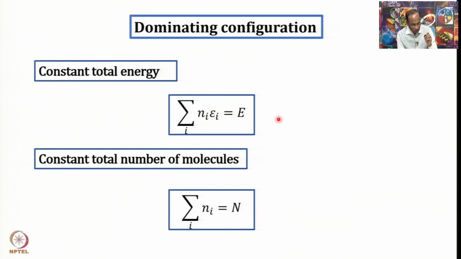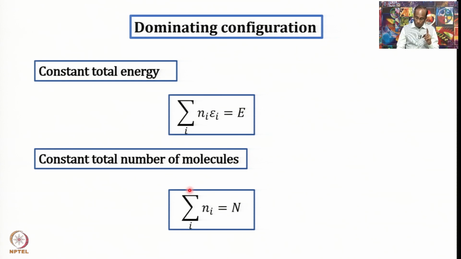That the total energy of the system has to be constant. Unless you supply external heat, the total energy of the system will remain constant. Summation over i of Ni Ei is equal to E. This is the first constraint. Second is constant number of molecules. The number of molecules in a system will remain constant.